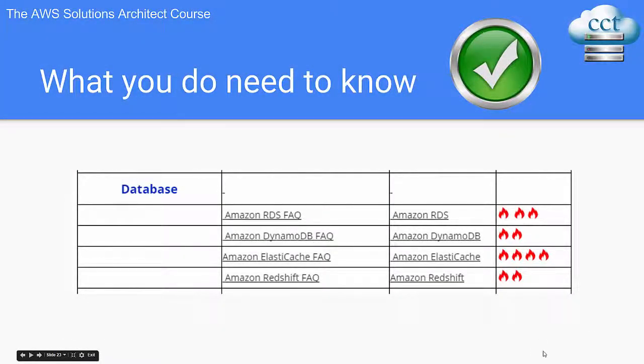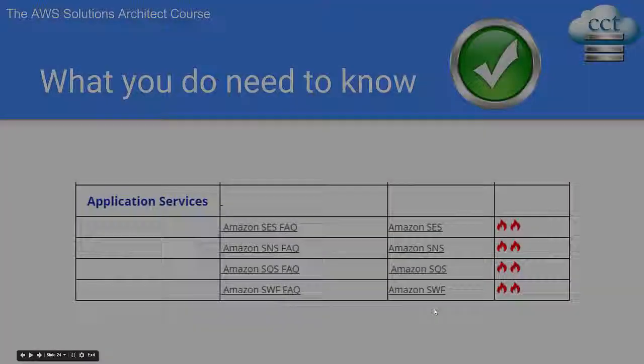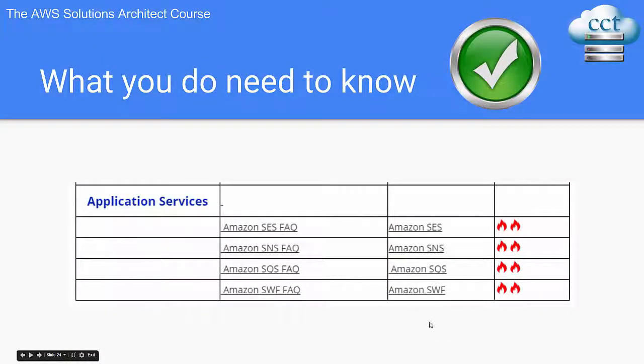Databases, there's a lot of database possibilities on AWS. These are the ones that will be in the exam, or possibly will be in the exam. Consequently, these are the ones we will talk about throughout this course. Application services.